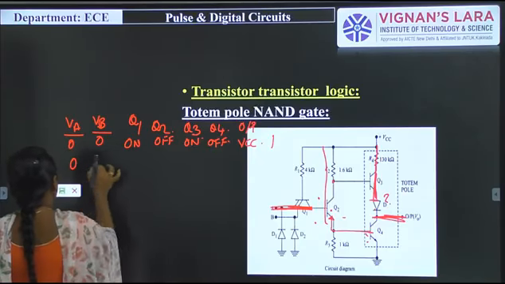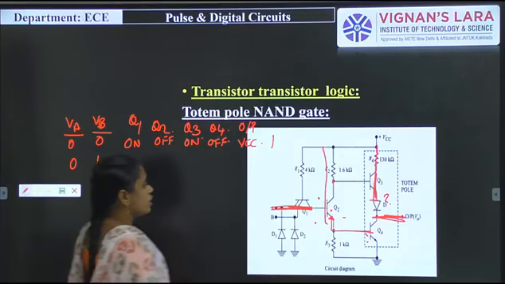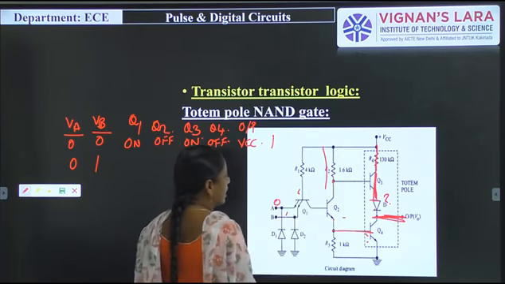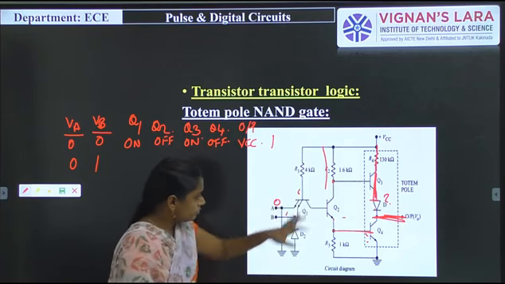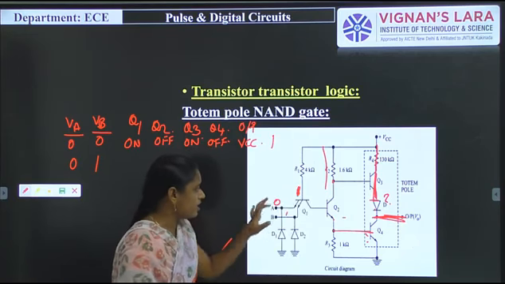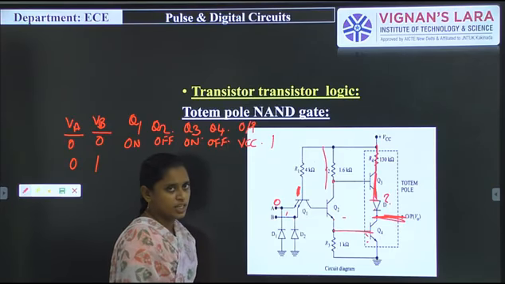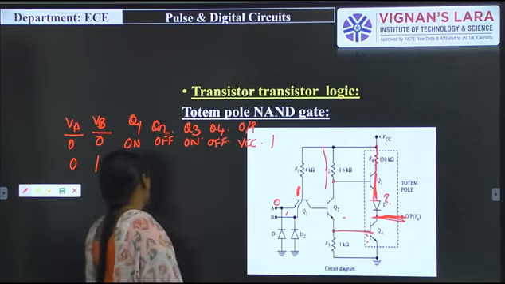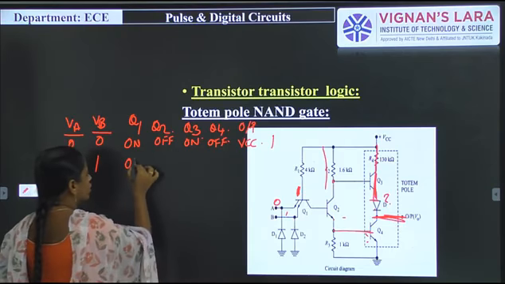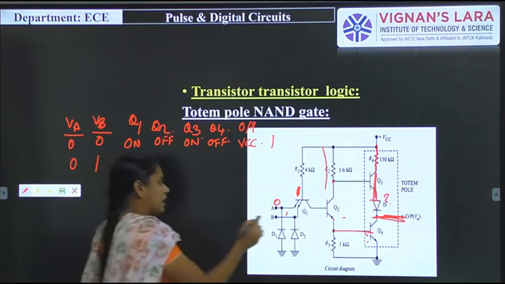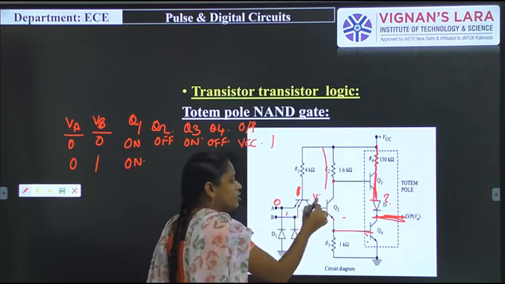Next we give the 0, 1 input. When we give the 0, 1 input, the voltages here will be 1 and 0. Obviously the transistor goes to on condition, that is, the Q1 transistor is in on condition. When transistor Q1 is in on condition, this collector voltage will be VCE saturation.